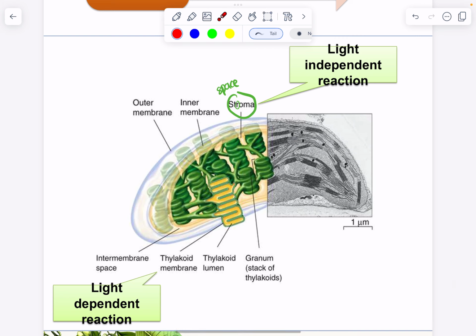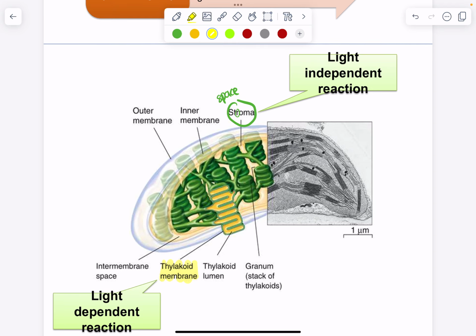Light-dependent reaction happens in the thylakoid membrane. So you have to find the thylakoid, then the membrane, the outer part of the thylakoid, and that is called thylakoid membrane. How about light-independent reaction? Of course, it happens in stroma. Even if you put any space, it is stroma. Is that clear?